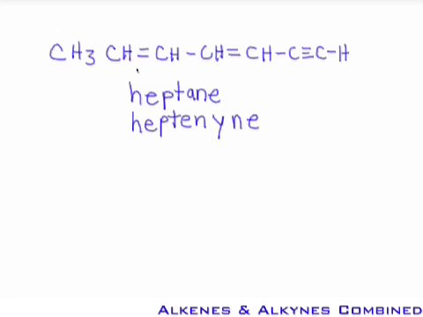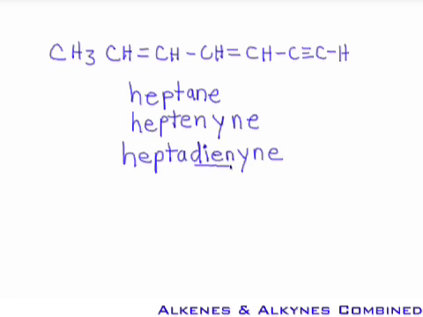Now, because there's two alkenes, we have to use the di prefix and then create the hepta. So insert your A, hepta, add the di, diene, and then you get the yne. Now notice the di only affects the functional group it's in front of.